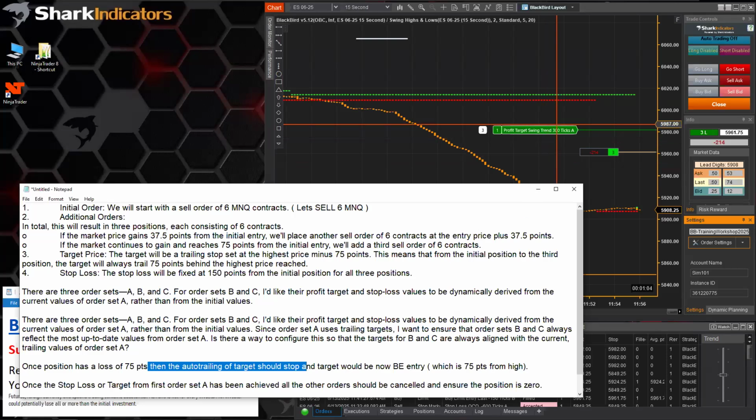Yeah, so right now the profit targets are continuing to trail here. Okay, so we need to make one more adjustment here. Oh, actually, it says it's going to be a break even.